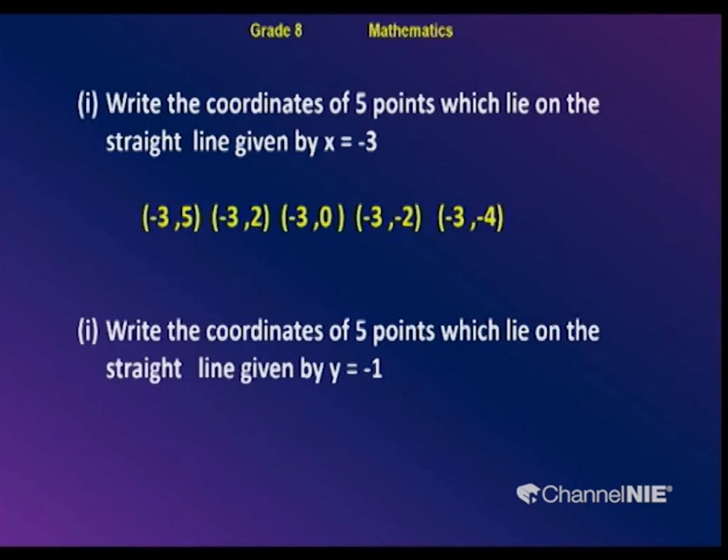The second one, write the coordinates of 5 points which lie on the straight line given by y equals -1. The same way you can write ordered pairs here, always y equal to -1. Then you can use any number for the x values: (4, -1), (3, -1), (0, -1), (-1, -1) and (-2, -1).